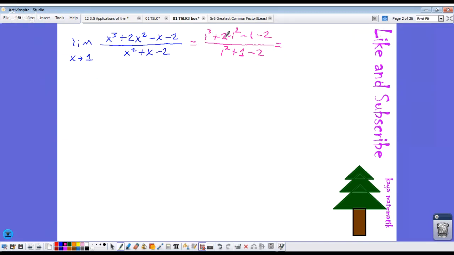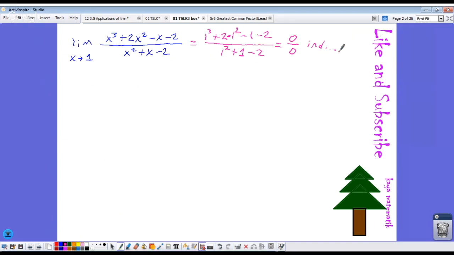So 1 cubed is 1, 2 times 1 squared is 2. So 1 plus 2 is 3, minus 1 minus 2 makes minus 3, so 3 minus 3 is 0. In the denominator, 1 squared plus 1 is 2, 2 minus 2 will be 0, and this is the indeterminate form.